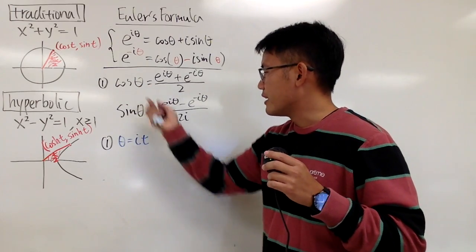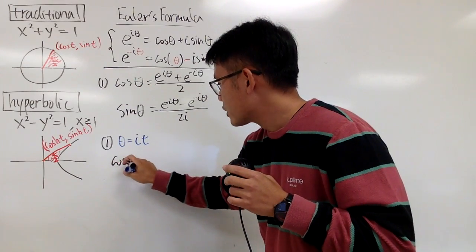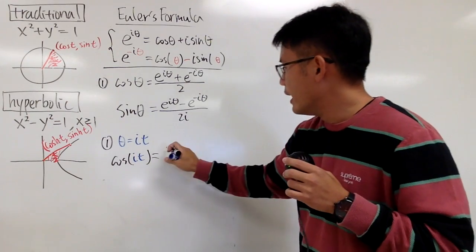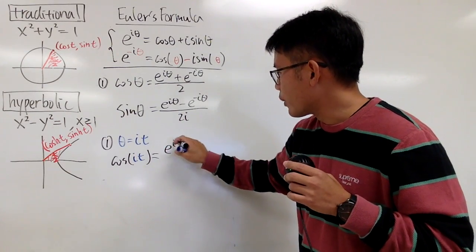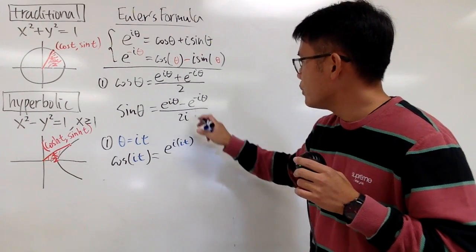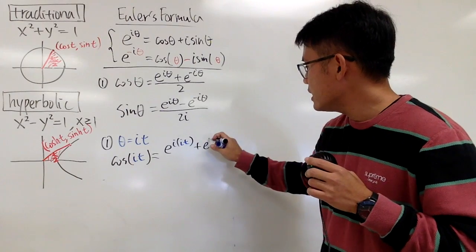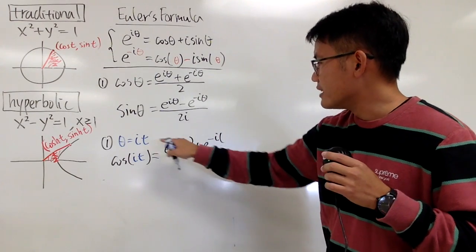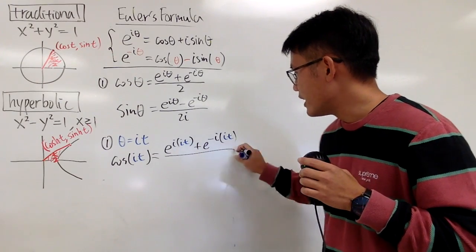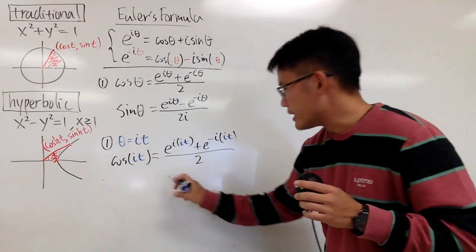Plugging it into the theta here, we will have cosine of it. And this right here is equal to e to the i, and this i is from the original, but the theta is now it, and then we will add e to the negative i, and then theta is once again it, and this is divided by 2. And now let's work this out.